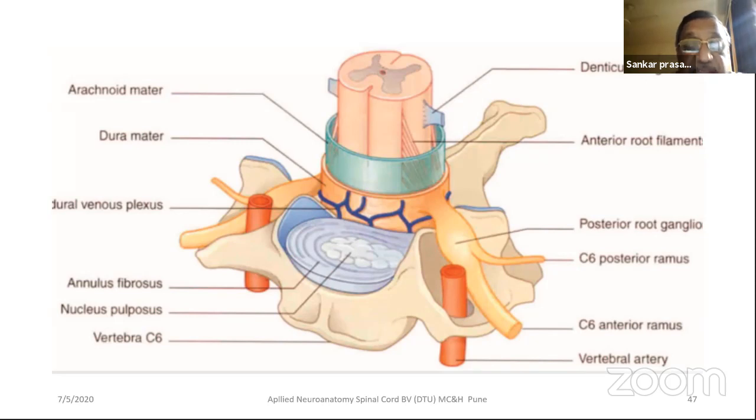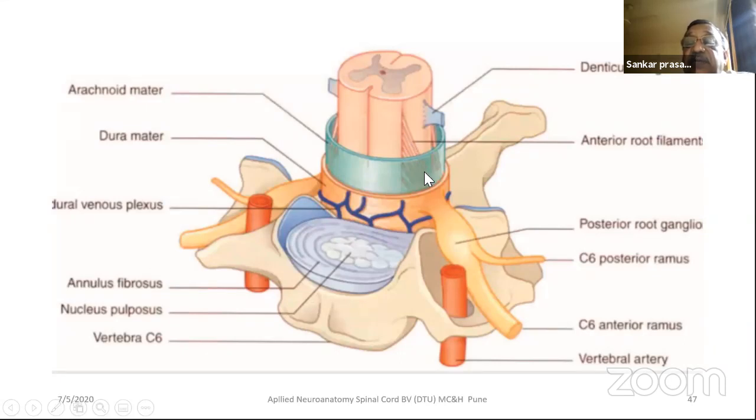There will be pain, there may be mild weakness and loss of reflex, but they don't cause pyramidal tract features unless there is underlying cervical canal stenosis or lumbar canal stenosis. So multiple disc protrusions along with a narrow canal can give rise to myeloradiculopathy features. That's what is to be understood. And this is the denticulate ligament, which is formed by the pia mater.